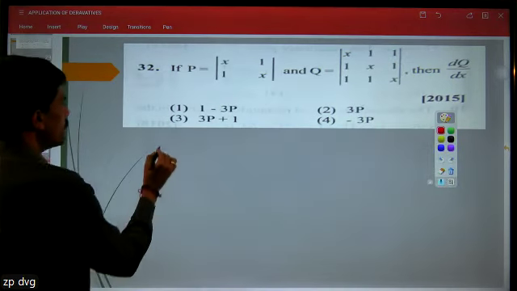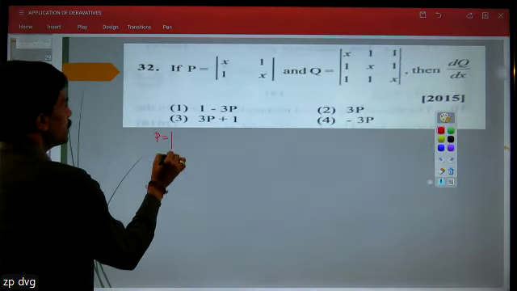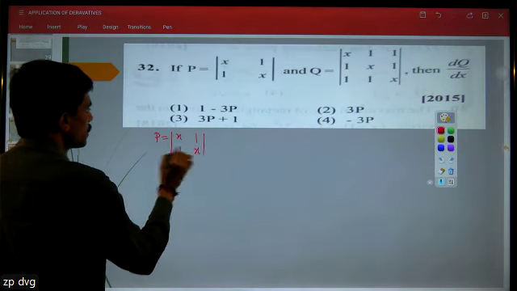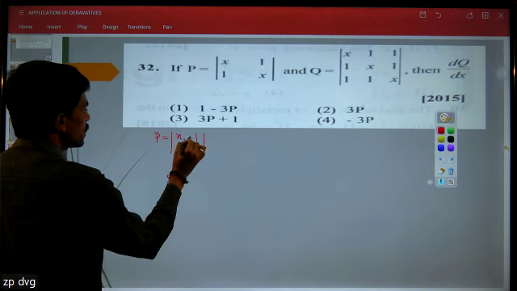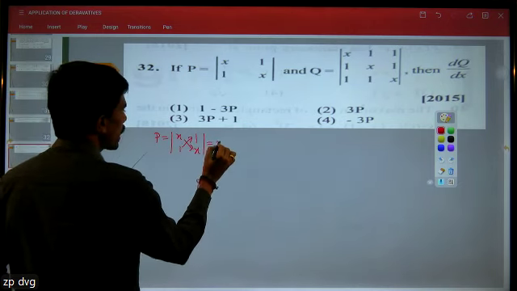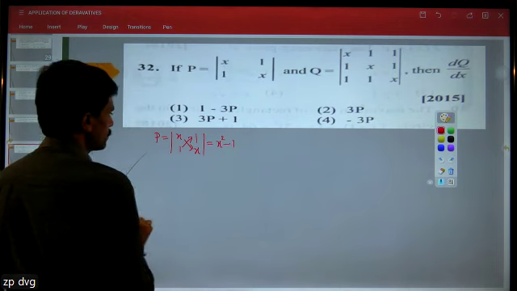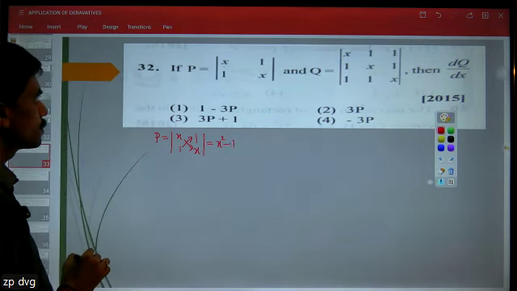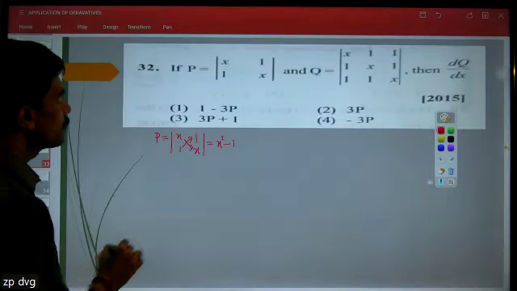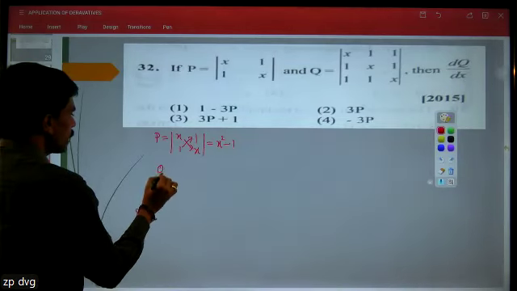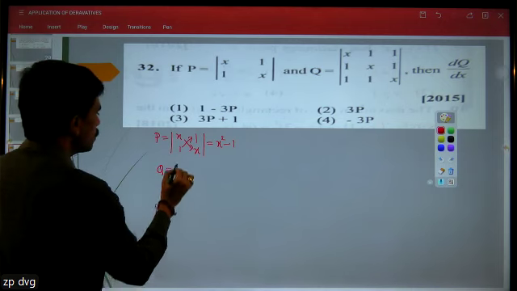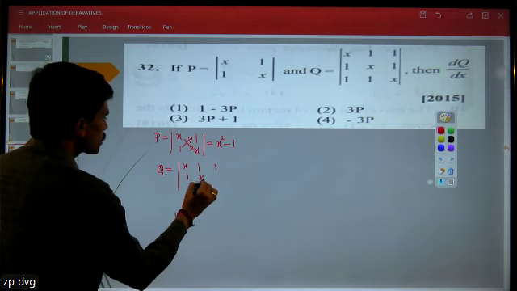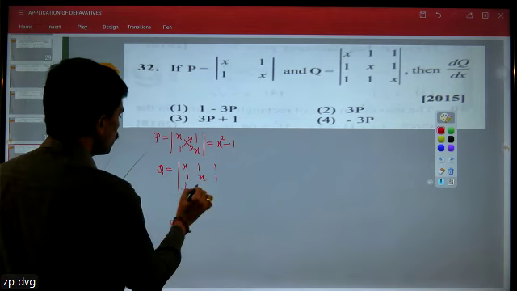That is, P is equal to the given determinant of x 1, 1 x. Okay, so if we expand this determinant, we get x square minus 1. So P is equal to x square minus 1. Next, we find the value of the determinant Q, which is x 1 1, 1 x 1, 1 1 x.